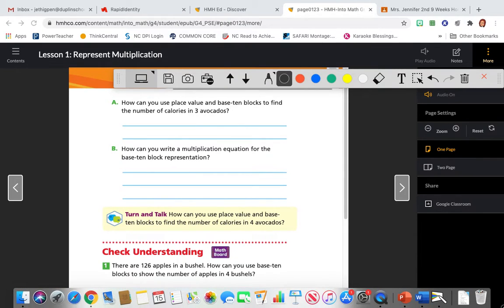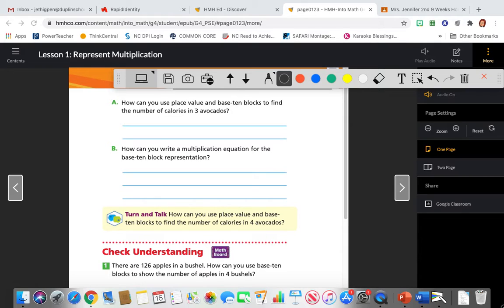All right, let's look at A. How can you use place value and base 10 blocks to find the number of calories in 3 avocados? So how do we use place value and base 10 blocks to find out the number of calories? Well, we use the base 10 blocks to represent the number of calories in each avocado.